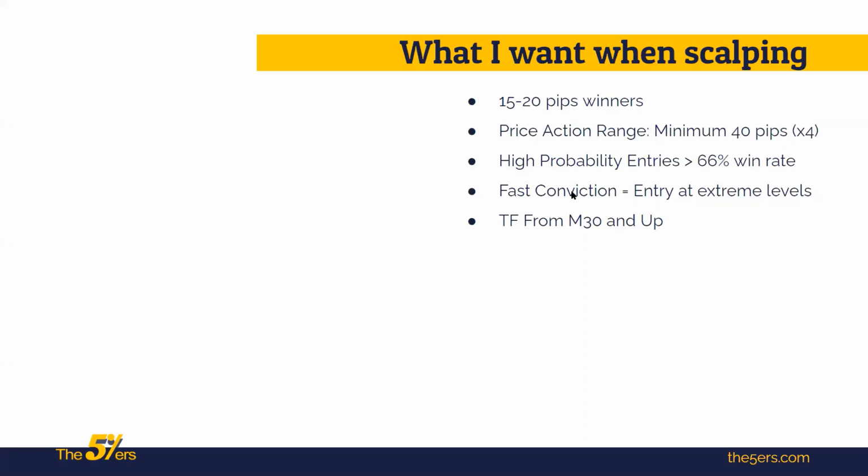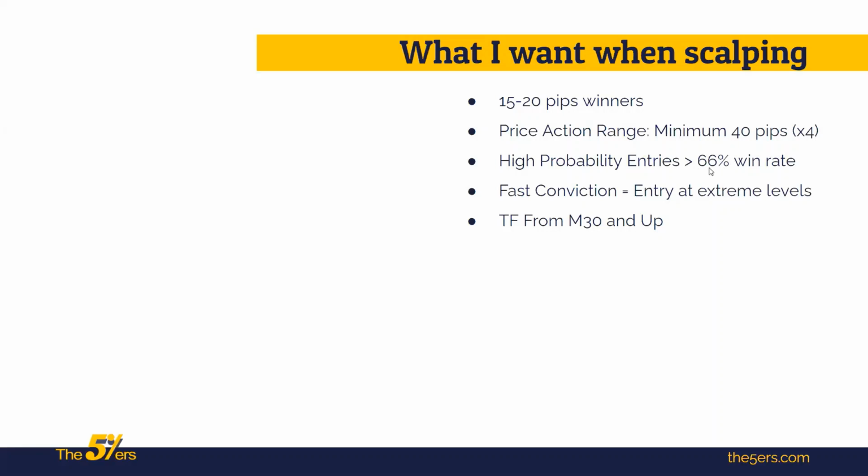And then I will need high probability entries. In my definition, I should be 66% right while taking my desired profit, my 15 pips. It's not a win rate, because a win rate can be a 2 pips win, right? 15 pips is what defines wins.